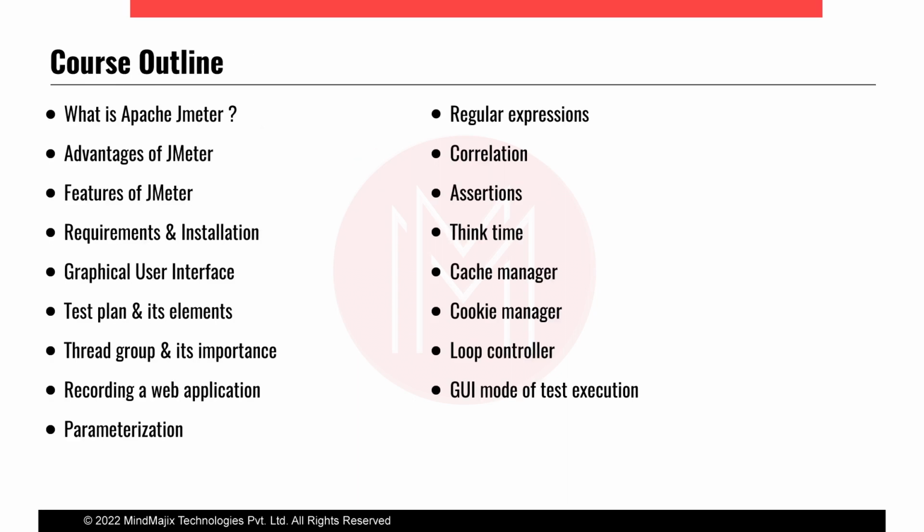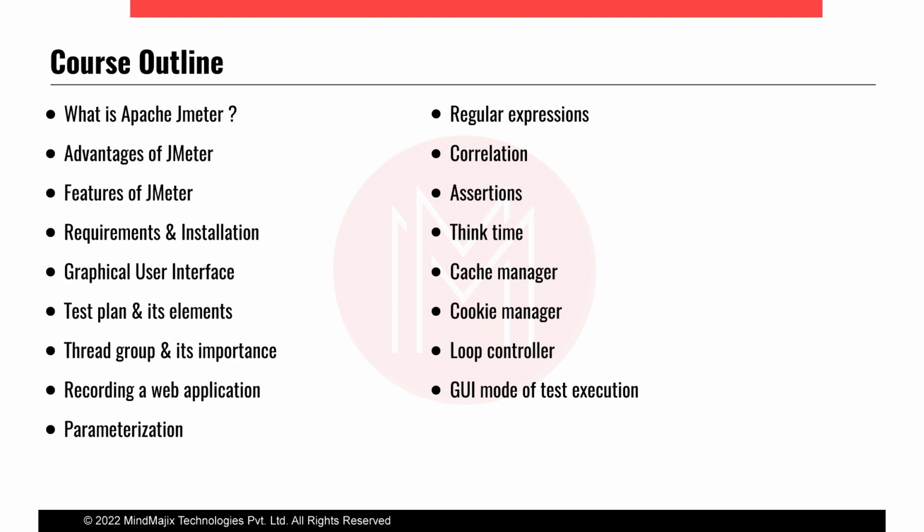The course outline: first, I am going to give a demo on what Apache JMeter is, what the main purpose of it is, and what the advantages and features of JMeter are. It's a multi-threaded, open source tool, and platform independent. All this we are going to discuss in the features and advantages of JMeter.